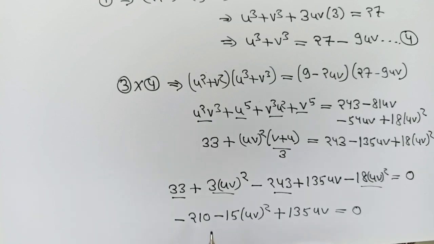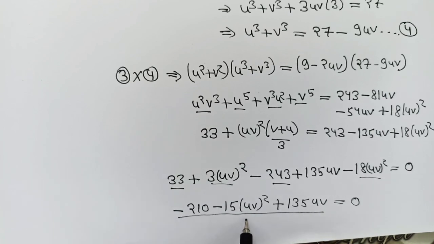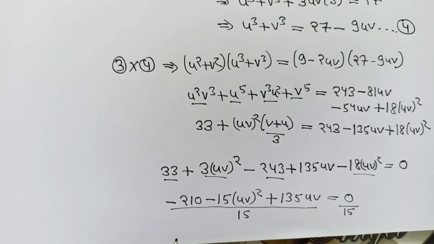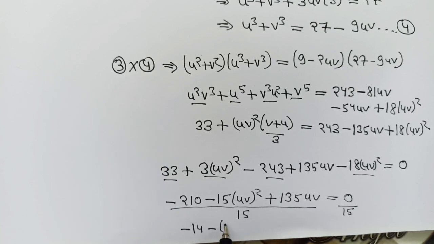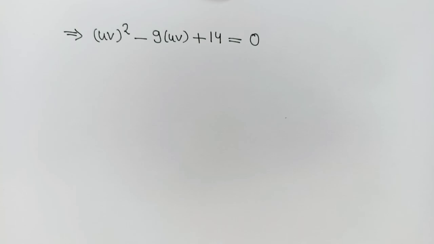Now by simplifying we have this value, and then by dividing the terms from this part by 15 and here by 15, so finally we have a value that is minus 14 minus uv square plus 9uv is equal to 0, which gives (uv) whole square minus 9uv plus 14 is equal to 0.